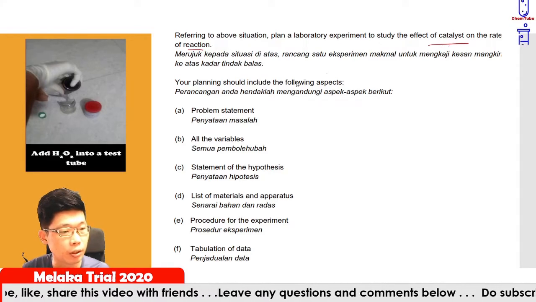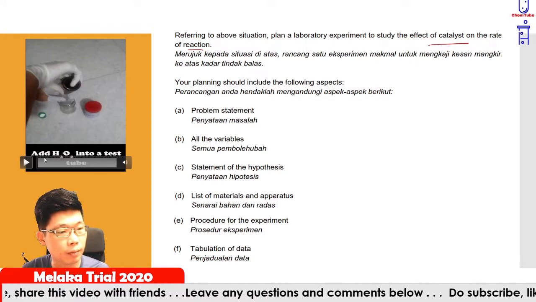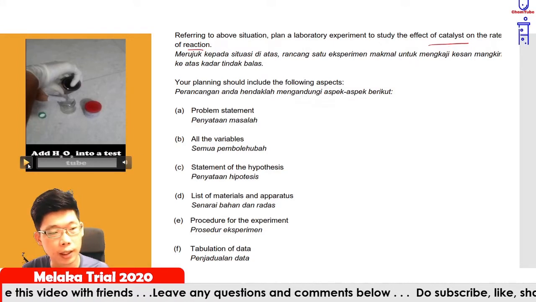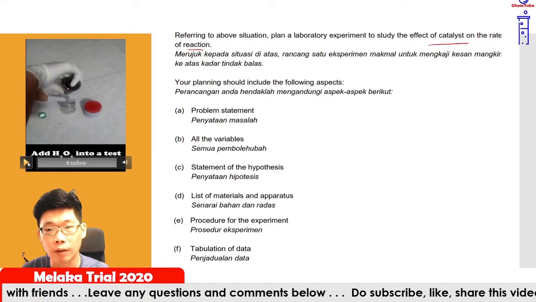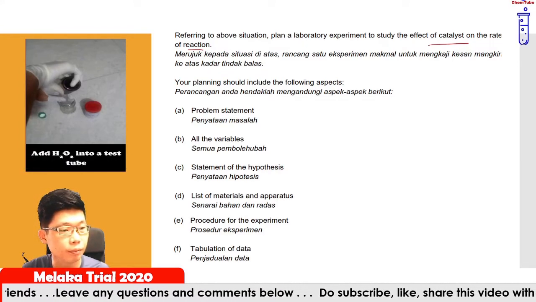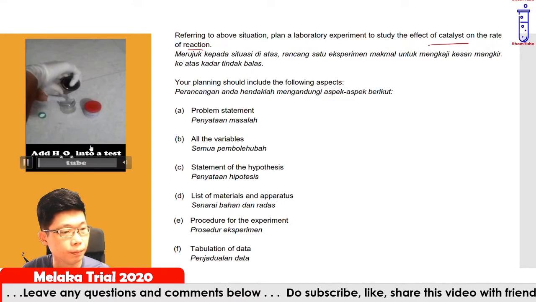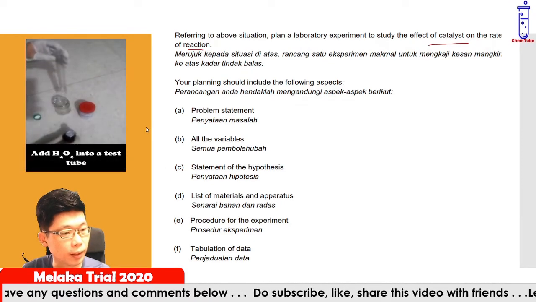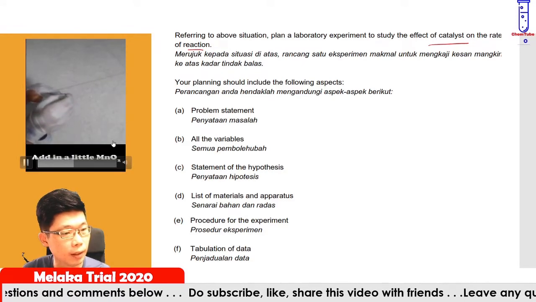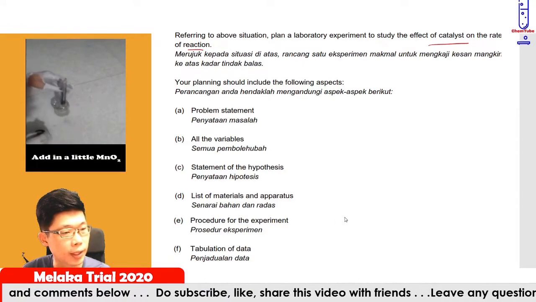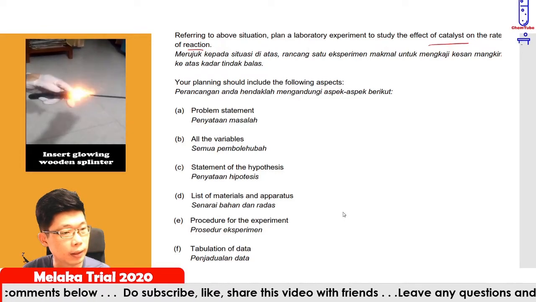So now I show you the experiment on the title of effect of catalyst on the rate of reaction. Add the hydrogen peroxide into the test tubes. Then add in a little bit of manganese oxide as the catalyst.